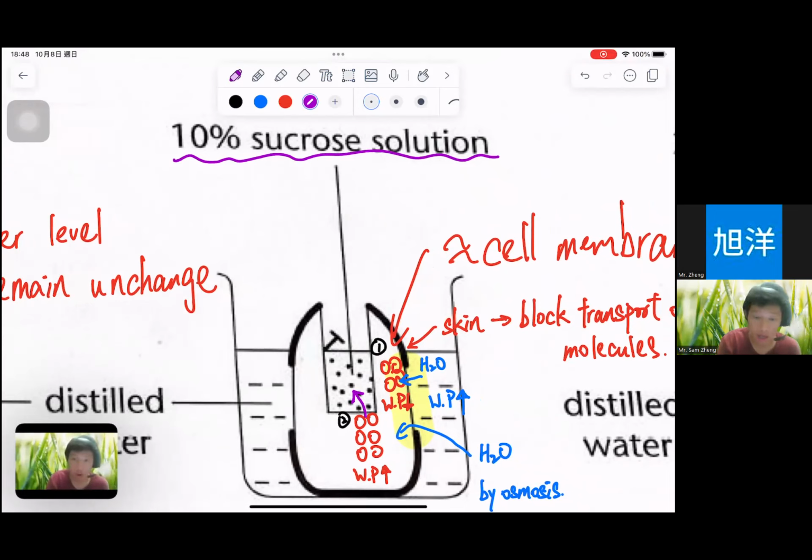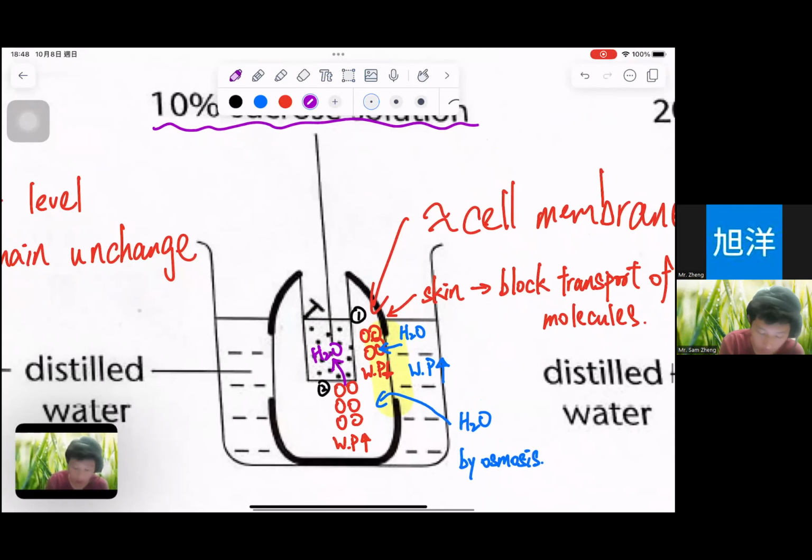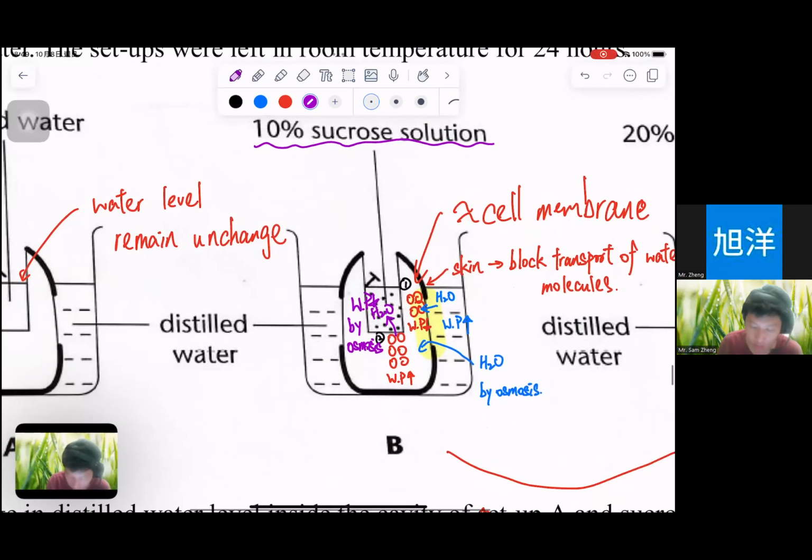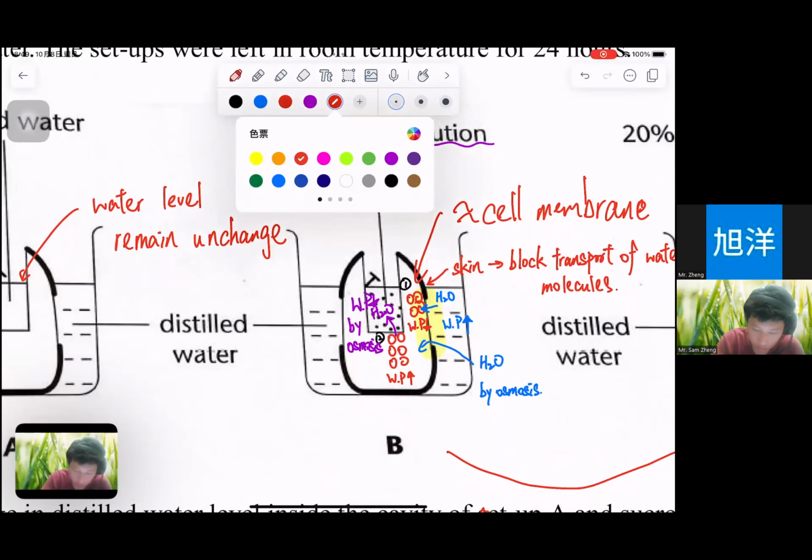So there will be a movement of water molecules from the potato cell to the 10% sucrose solution, again by osmosis. This would be a lower water potential.